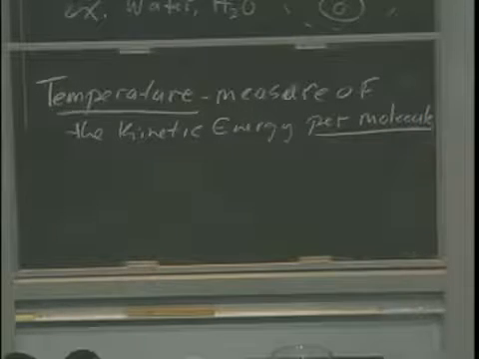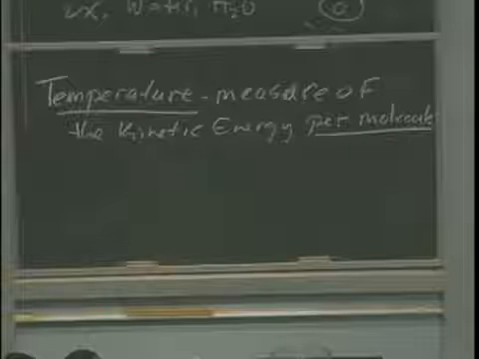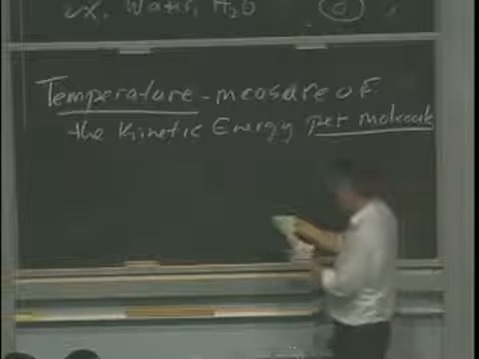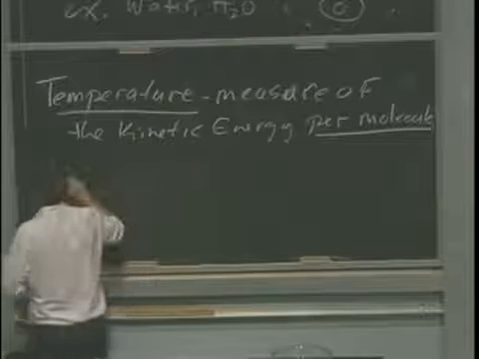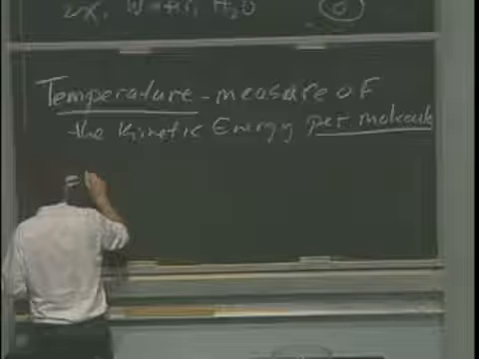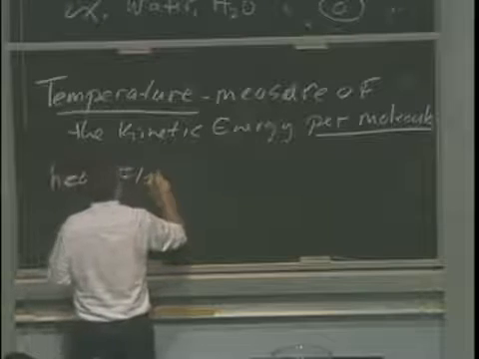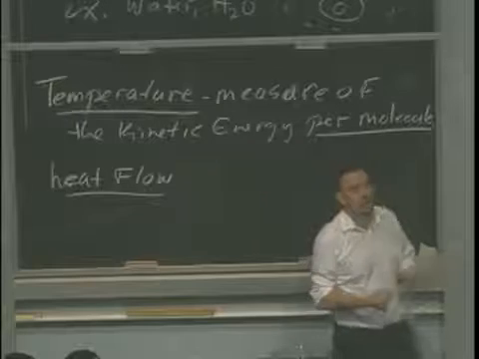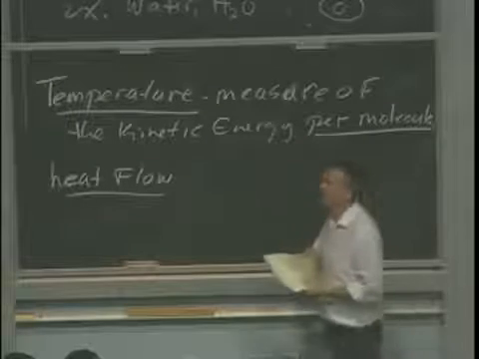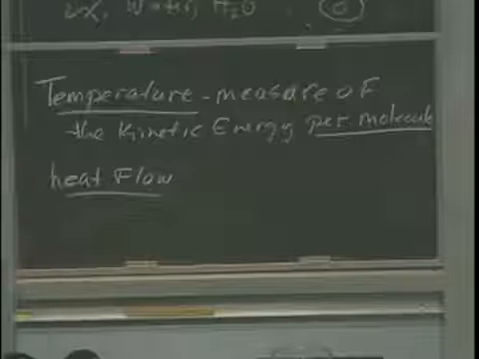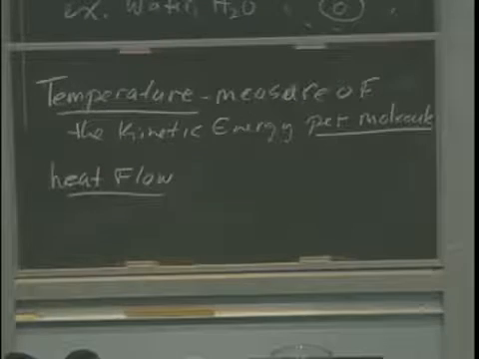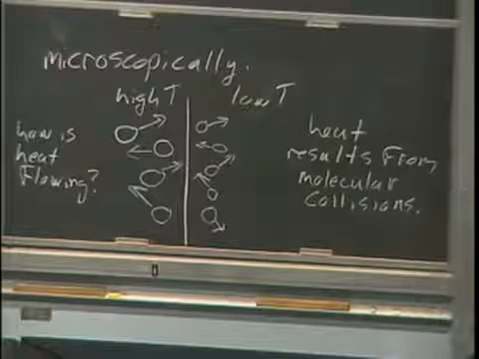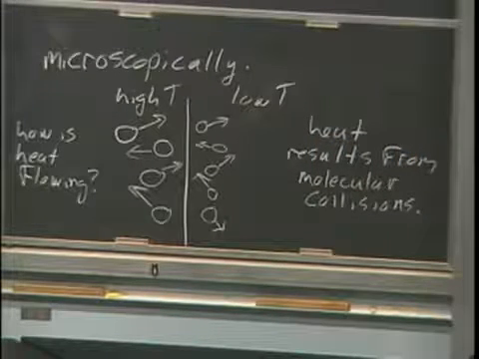And there is naturally going to be a heat transfer or heat flow, which will occur when you have two sets of atoms, one with higher kinetic energy and one with lower kinetic energy. If we let them start colliding, there will naturally be energy transfer from the high energy molecules to the low energy molecules.